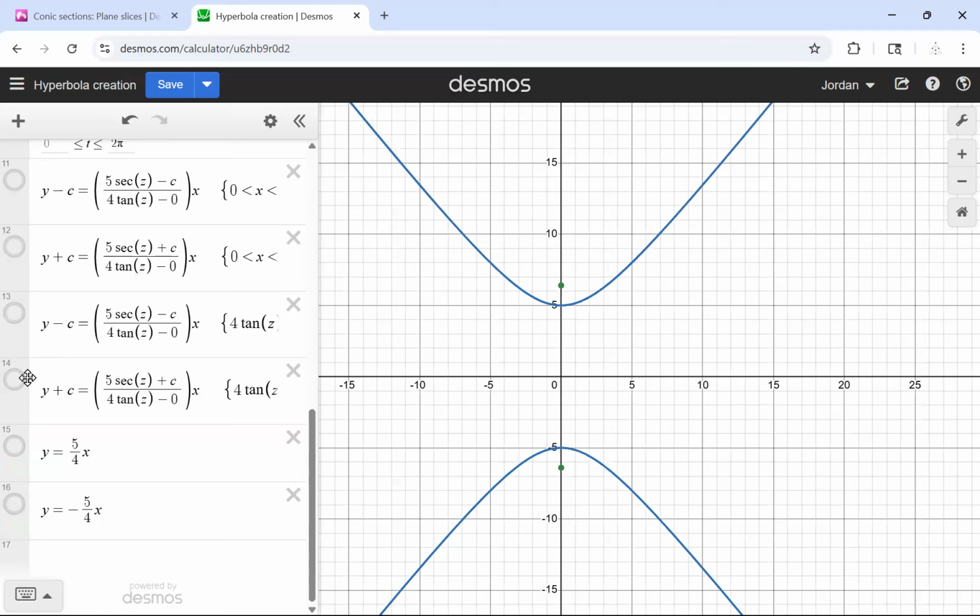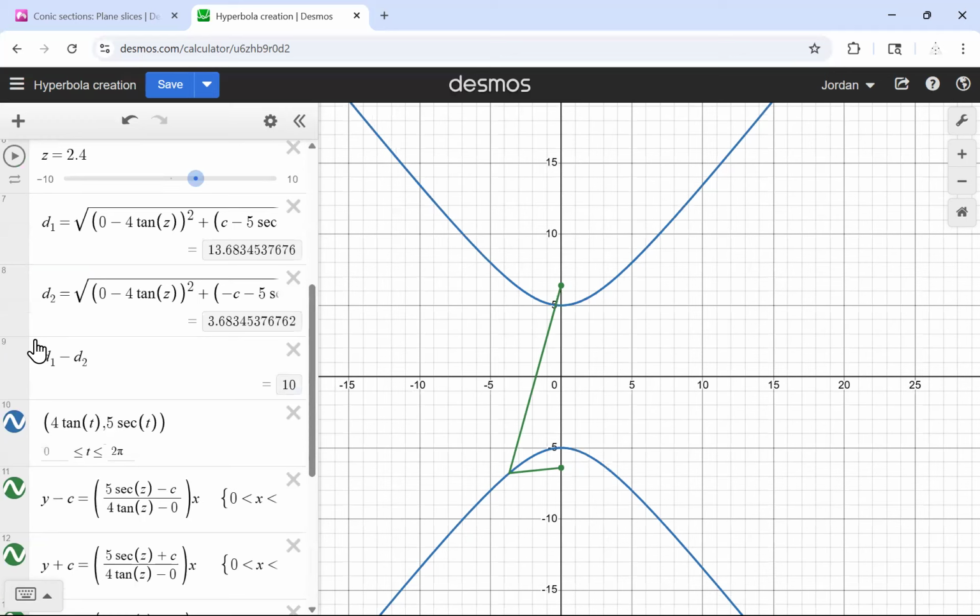Now here's the interesting part geometrically for a hyperbola.